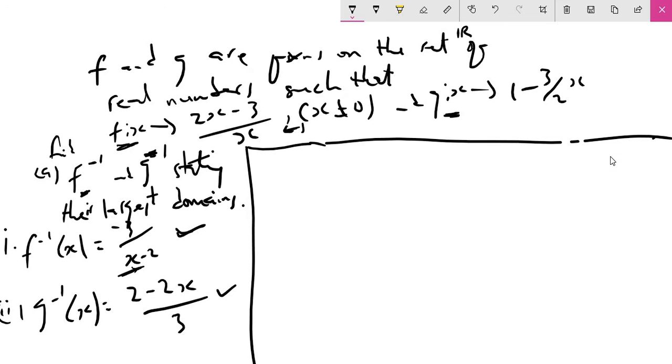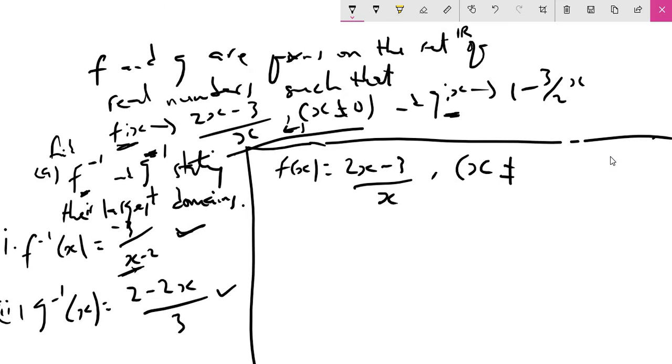For instance, the function f of x was 2x minus 3 divided by x. And they gave a disclaimer and said x must not be equal to 0. This is because when x is equal to 0, this whole expression becomes a number divided by 0. And I told you that is undefined. It doesn't exist. You cannot have a number divided by 0.